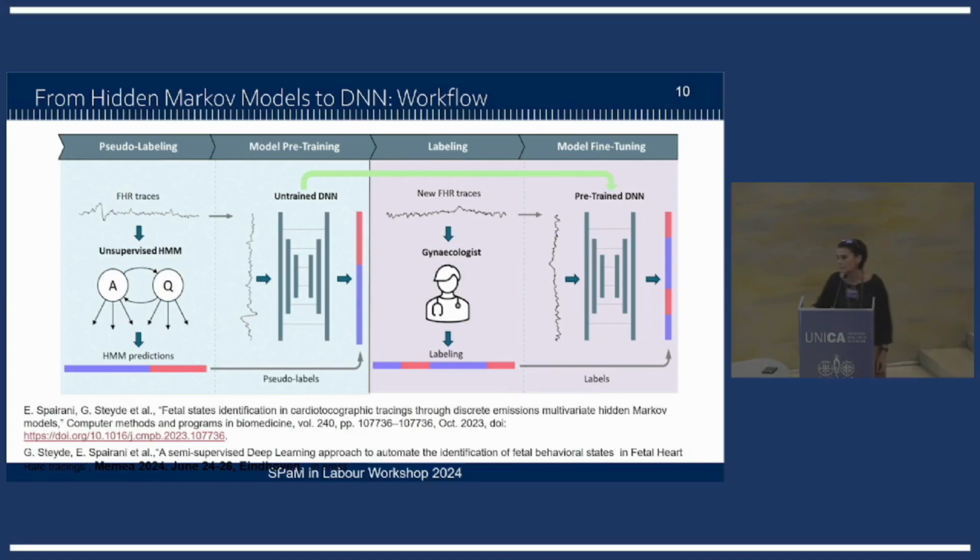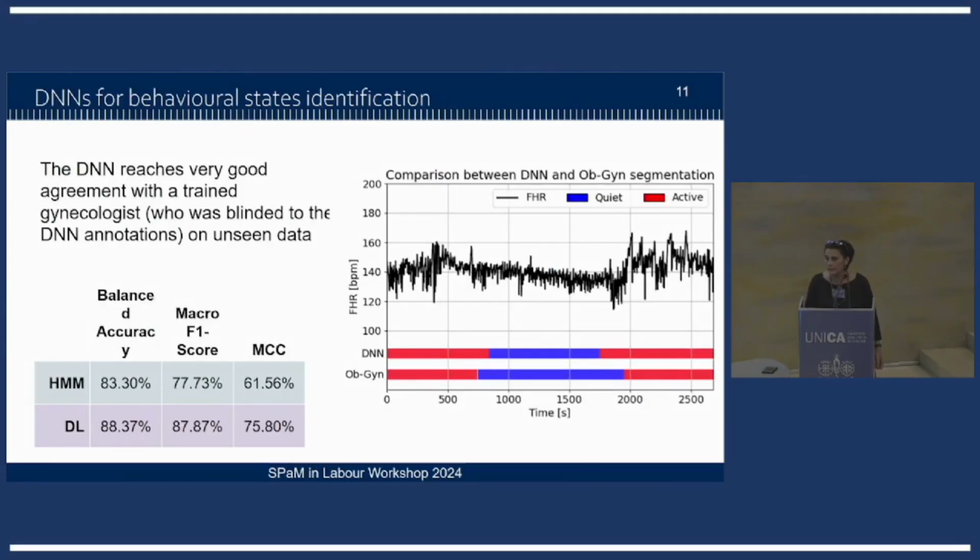So what is obtained is something like this. This is a trace in which we have in red active sleep, in blue quiet sleep, and the first line is performed by the deep neural network, and the second one is produced by the obstetricians.